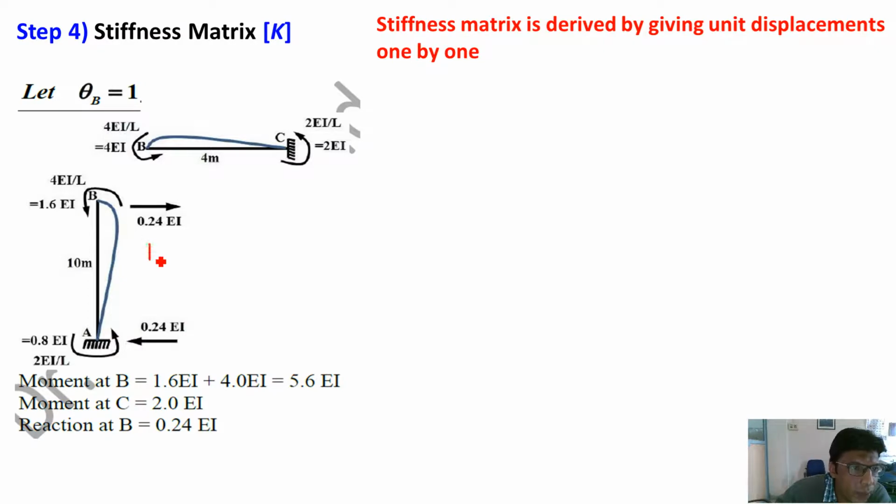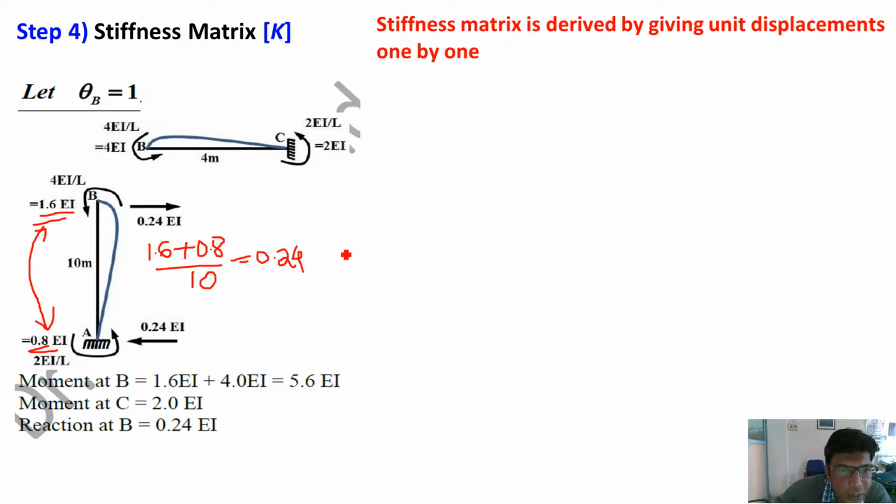What is sum of moment? It is 1.6EI plus 0.8EI divided by span, which is 10. The answer is equal to 0.24EI. Answer will be positive because both the moments are positive, anti-clockwise.